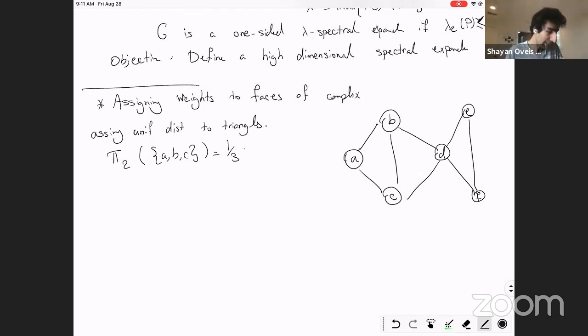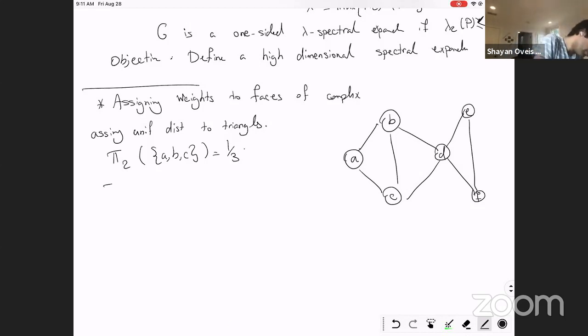Now, here's an interesting thing. Say you start with a distribution on top faces. This induces a distribution on faces of dimension 1 less. This induces a distribution on edges. So how would it do? You start with a triangle, you knock down a vertex uniformly at random, that would give you an edge.